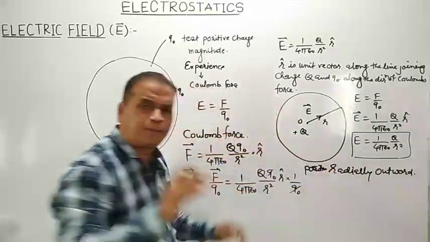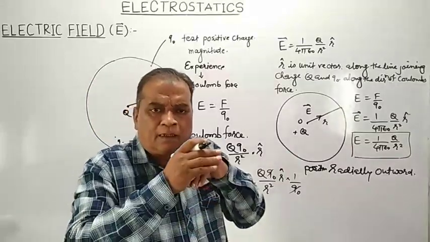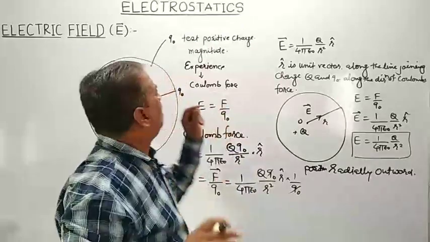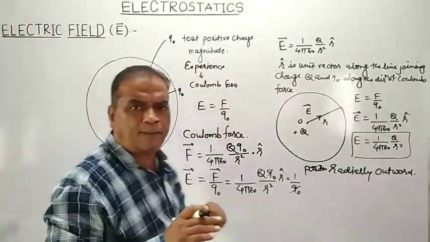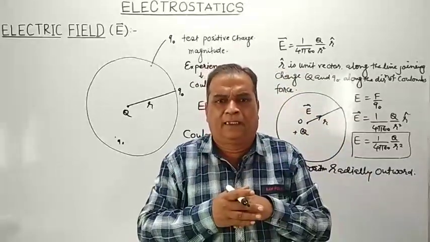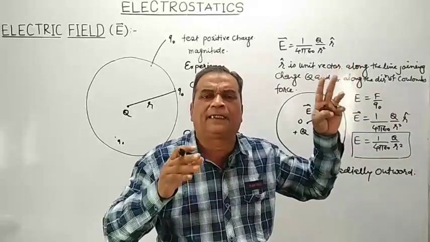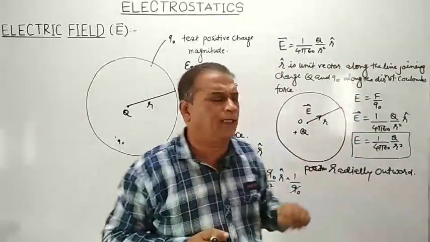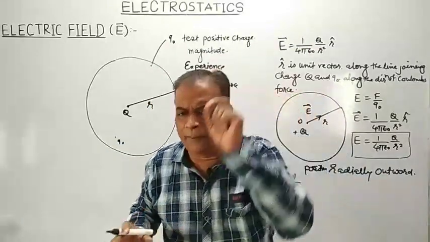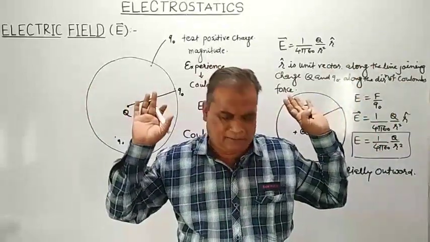So any positive electric charge produces a spherical region in its surrounding, which is called an electric field, and that electric field is a vector, it will act along the radius and it is directed outward if that charge is a positive charge. So a positive charge produces a radially outward electric field.